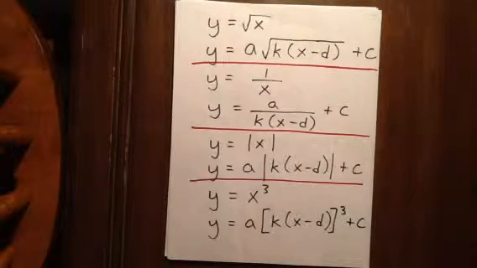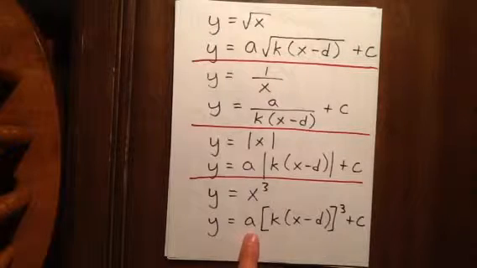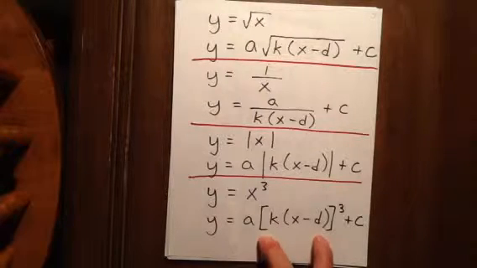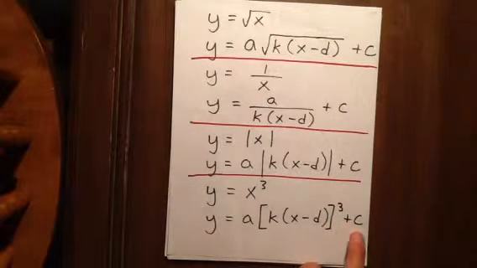And finally, if we have x cubed as our parent function, then what we're going to do is try to make our function that we're trying to graph conform to this. Y equals a, and then in brackets k bracket x minus d, and that entire amount cubed plus c.